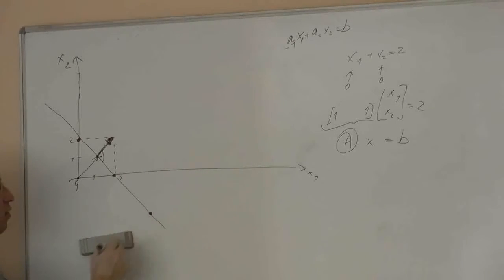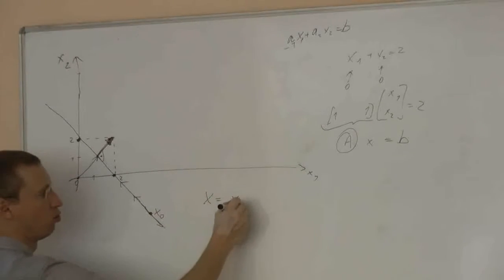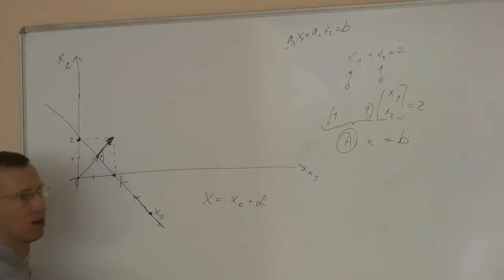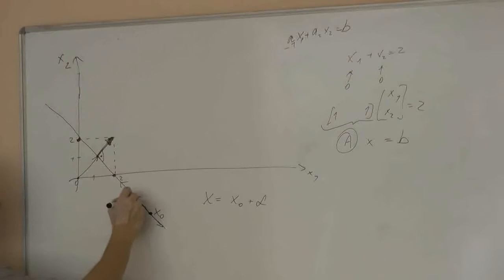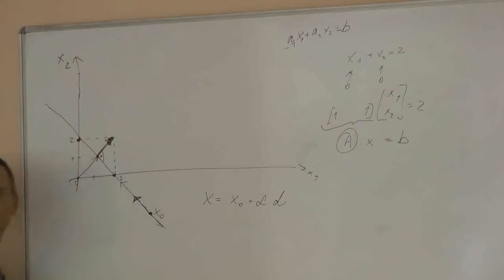Okay, so what is the direction? It actually doesn't matter. Okay, it can be this direction, it can be this direction, it can be this direction. All of them are the same. Essentially, if I call this initial point x0, then I can find all other points by adding to the point x0 some alpha multiple of this vector here, of this direction, let's call it d, okay?